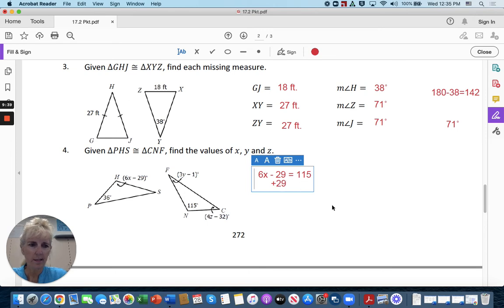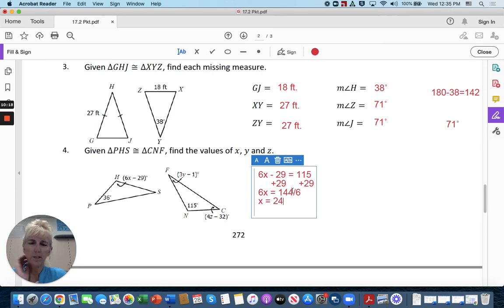So we add 29 to each side. So we get 6X equals 144, and then we divide by 6. And we divide by 6 over here. And 144 divided by 6, we see that x equals 24.